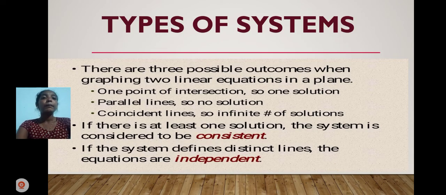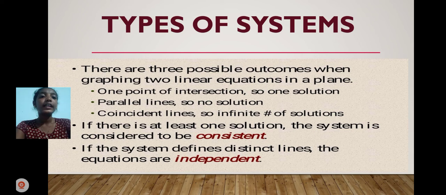The next topic is types of systems. There are three possible outcomes when graphing two linear equations in a plane. The first is one point of intersection, which gives one solution. The second is parallel lines, which means there is no solution. The third is coincident lines, which means an infinite number of solutions.